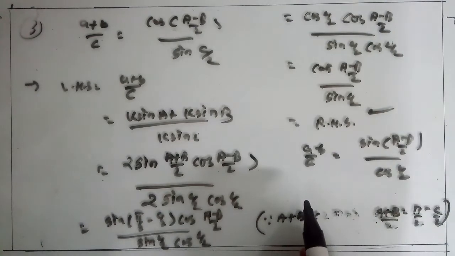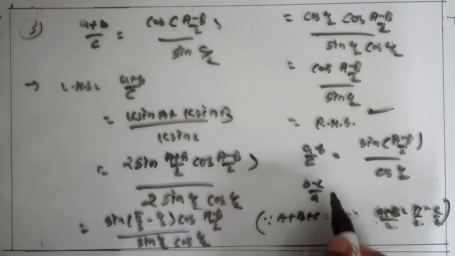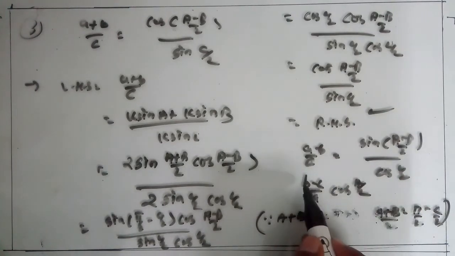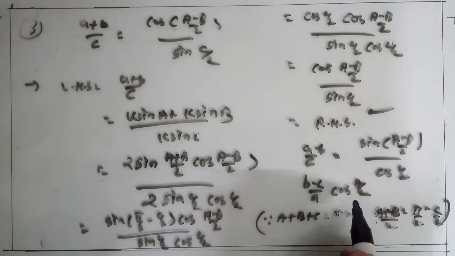Similarly, in question number 5, same question: sin of (B minus C) upon 2 is equal to (b minus c) upon a into cos A by 2. Here take b equal to k sin B, c equal to k sin C, a equal to k sin A, and simplify, applying the same, and after simplification you get the left hand side. Clear this?